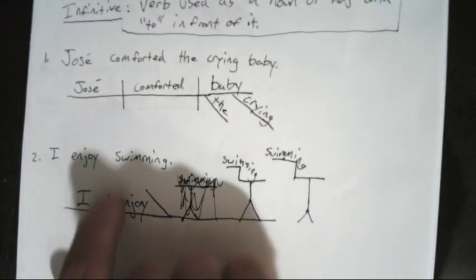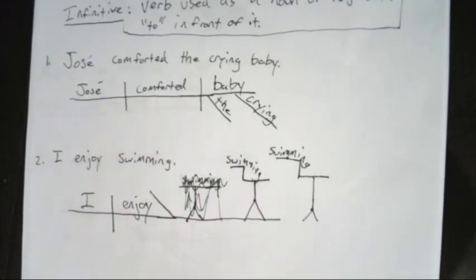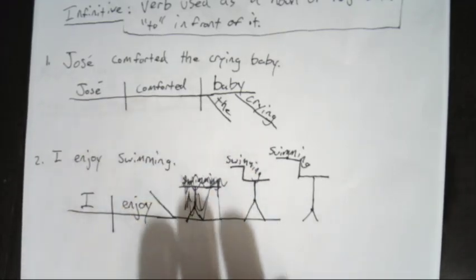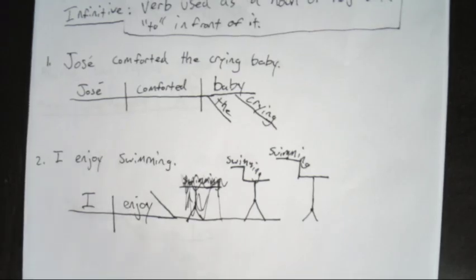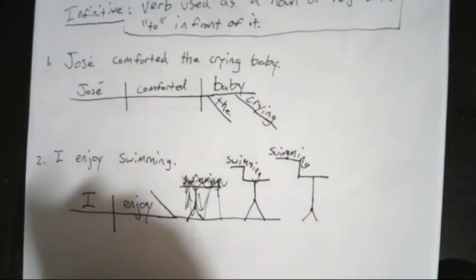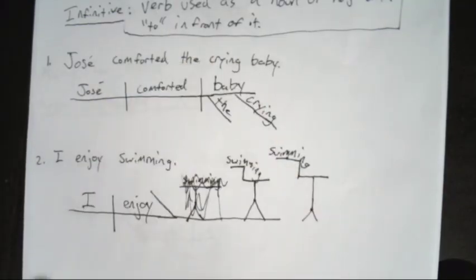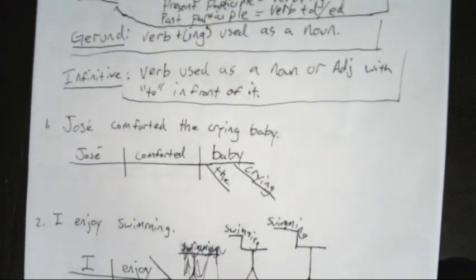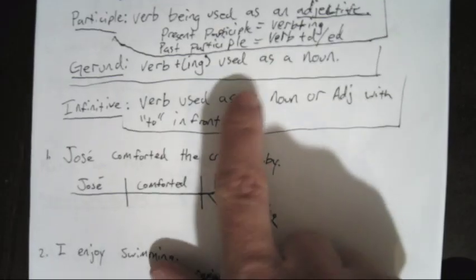So if we look down here, we've got this first sentence, and just think about it. I'm not going to tell you which one this is yet, because I want you to think about it for just a moment. Is this, Jose comforted the crying baby? What is in that sentence? Is it an infinitive, a gerund, or a participle? It is a participle because it's being used as an adjective.